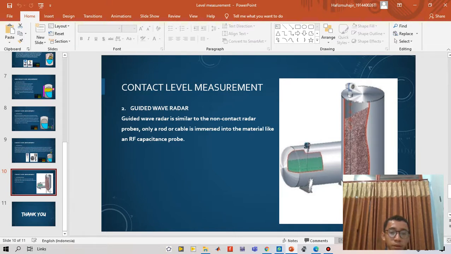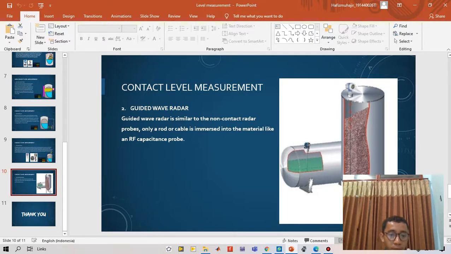Number 3, guided wave radar. Guided wave radar is similar to the non-contact radar probes, only a rod or cable is immersed into the material like an RF capacitance probe. The rod or cable is used to guide the microwave along its length.